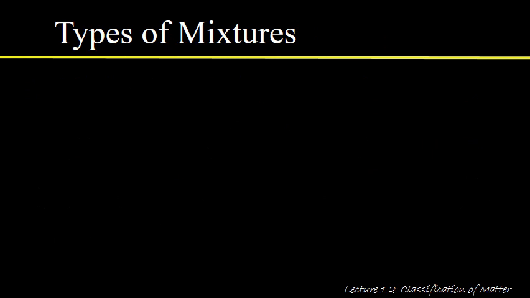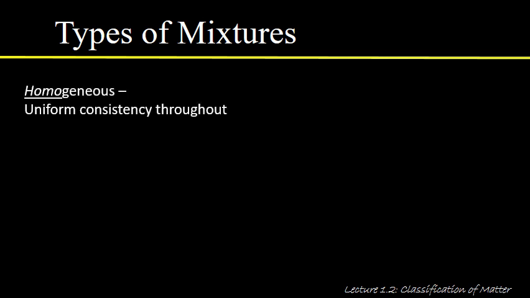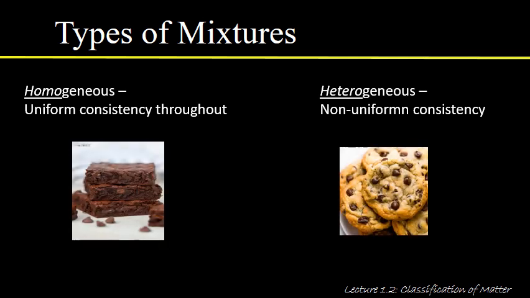All right, just one last thing to go over in this one, and that is types of mixtures. Mixtures can be subdivided into homogeneous mixtures, which have a uniform consistency, or heterogeneous mixtures, which are non-uniform. To make clear the difference between them, compare a brownie and a chocolate chip cookie. Both of them have sugar and flour and eggs and chocolate. They've got all the same stuff in there.